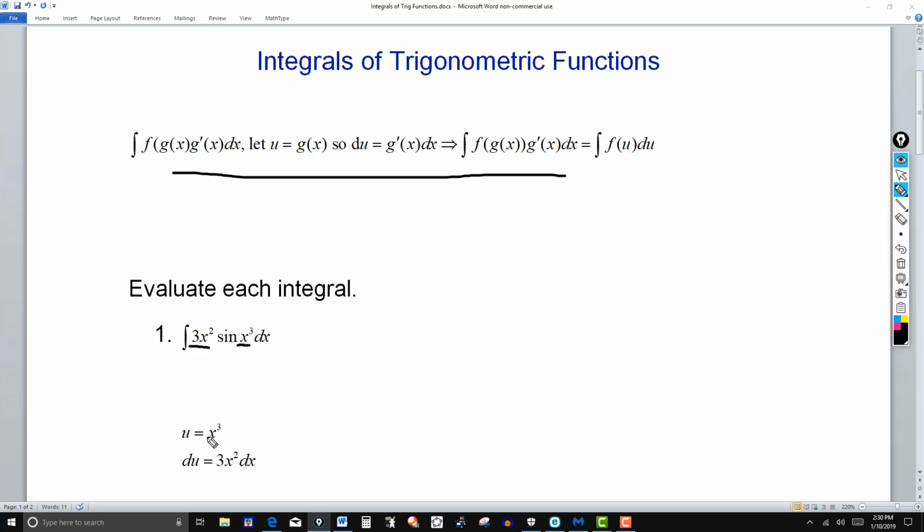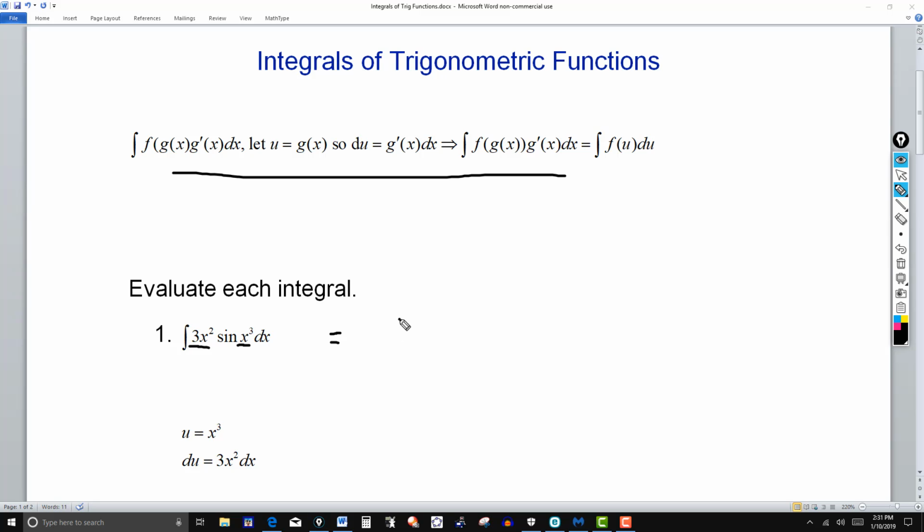Differentiating both sides, this will be du equal to 3x squared dx. The object here, since we're still using a u substitution, is to rewrite this so it's a function of u. Everything is involving u. You can have some constants, but you don't want x or dx in there.